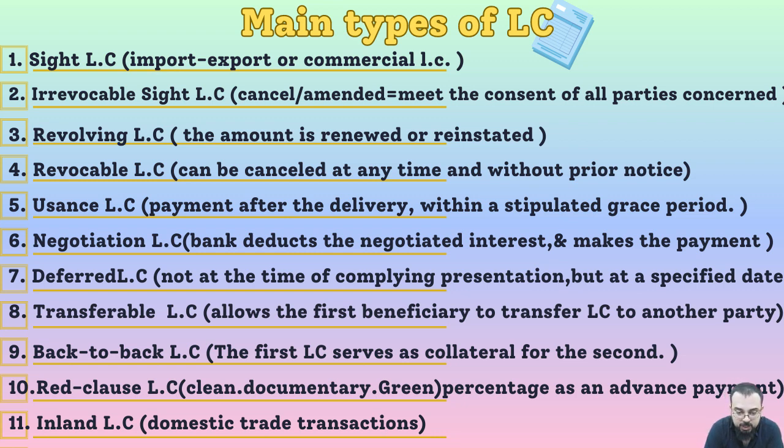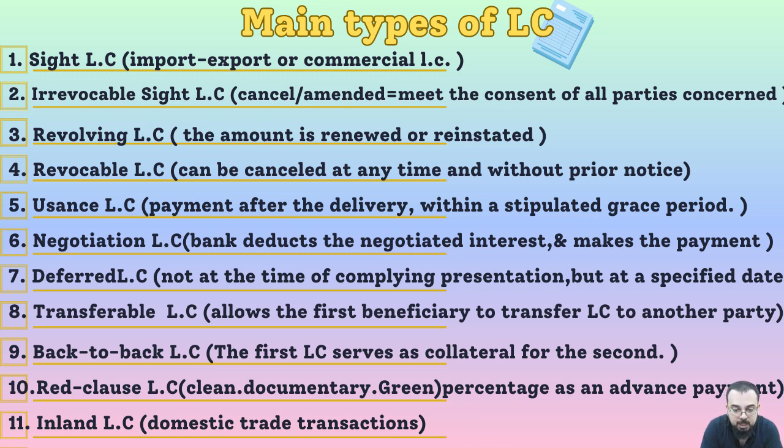About the interest rate and commission and discount, in the future I will make a video for payment accounting and talk about calculation and computation of contract math. If you remember, we talked about sight LC, deferred LC, usance or acceptance, and negotiation LC.